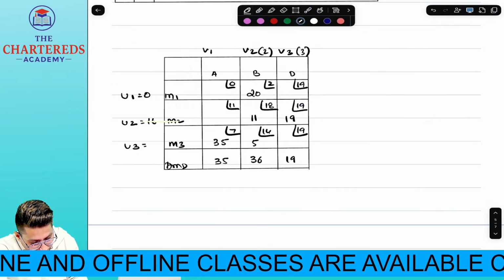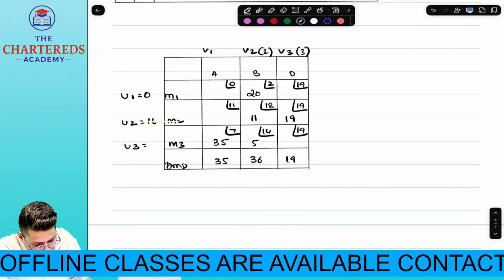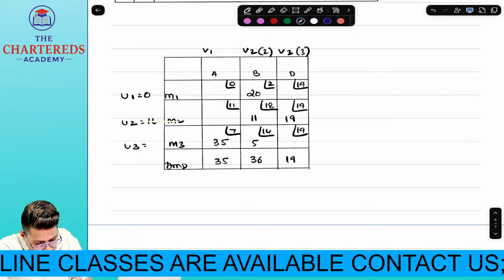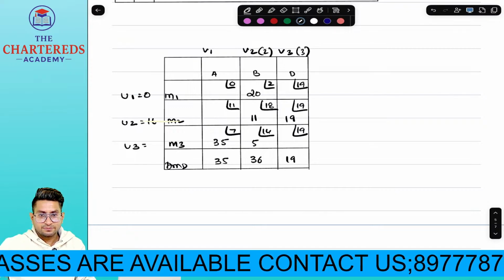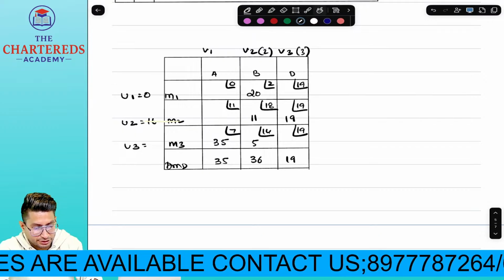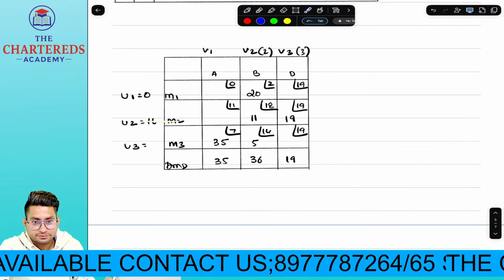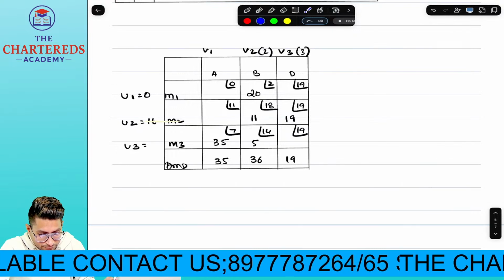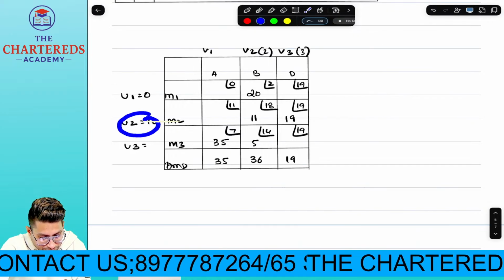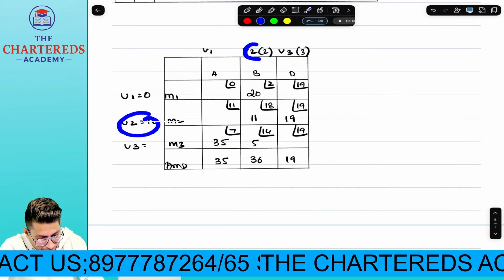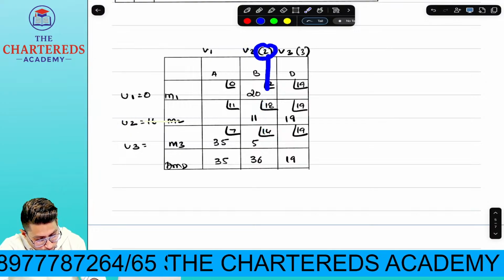Here U3 we don't know. One minute. In that case, U3 we are unable to calculate, right? U3 and V1. If I take U1 as 0, how will I calculate U3? I am unable to calculate it. Which one? U2 is there, no? V2 is 2, then okay, we can calculate 2 here, 14 here.